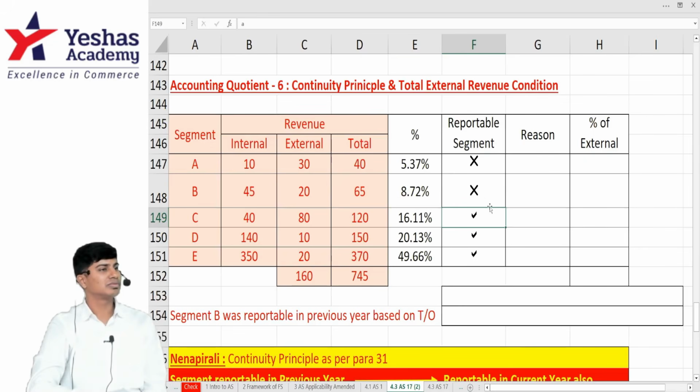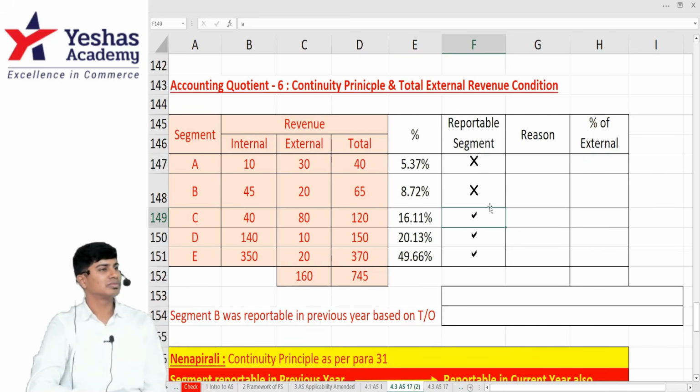Before the Australian series, whatever series was there, in that he had done well, so he was picked for the last Australian tour. In the Australian tour he didn't do well. Just because he was there in the Australian tour, will he be there in the South African tour? No. Continuity principle will apply for once, not for more than once.